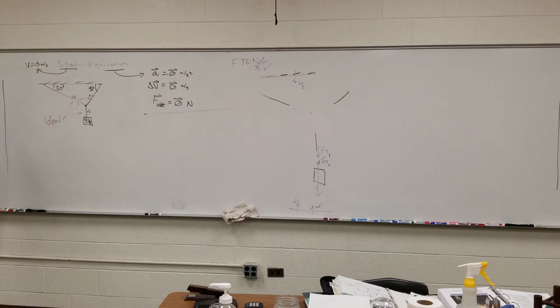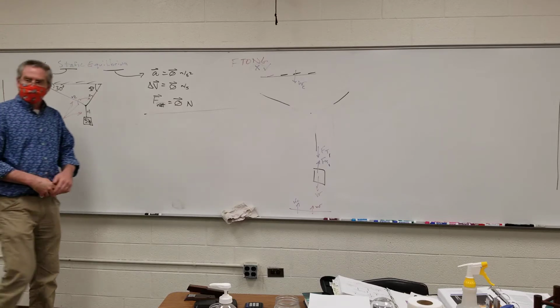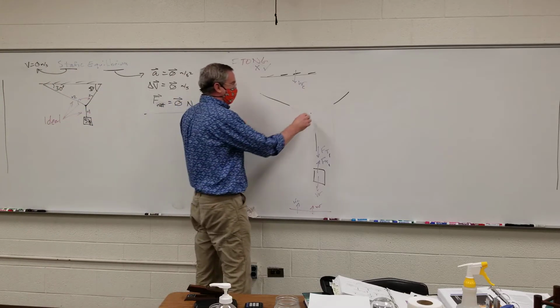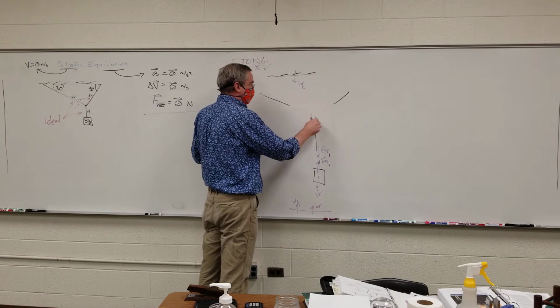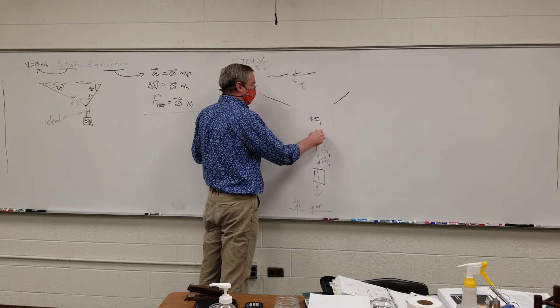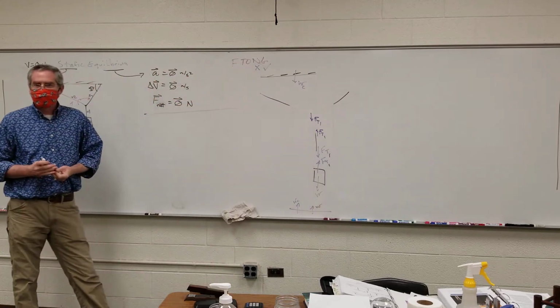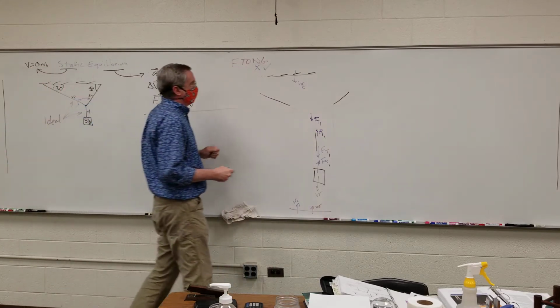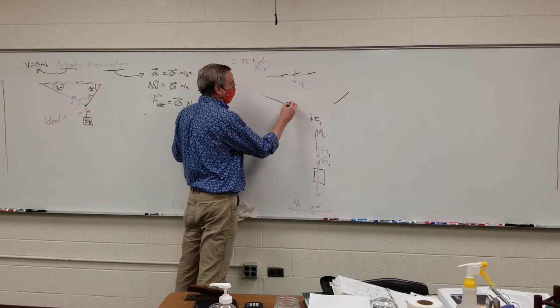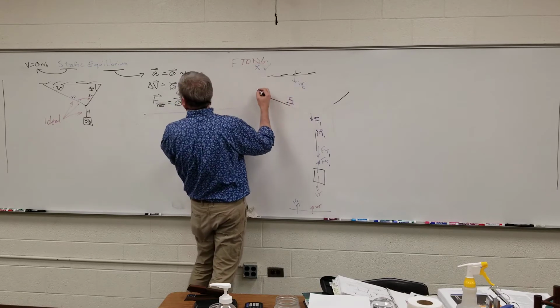All right, what else? There's the tension between the bottom rope and the point. And then the same is true for the other two ropes on the point object. All right, so this was FT, so that's 2.